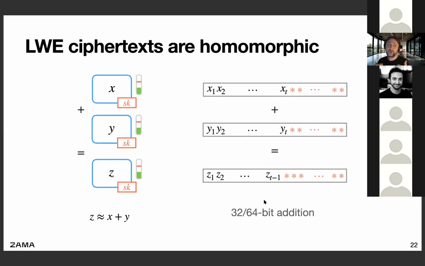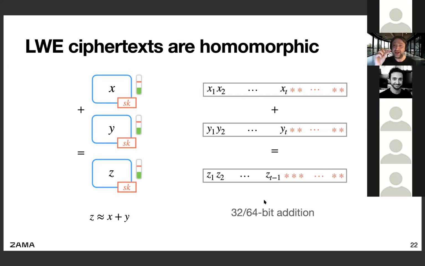When you take two ciphertexts, as I said, they're homomorphic. So when you add two ciphertexts, the result is basically that the two 32-bit or 64-bit noisy plaintexts contained in them are added like a regular 32-bit or 64-bit addition. But when you do that, always remember that there is this noise on the least significant bits.